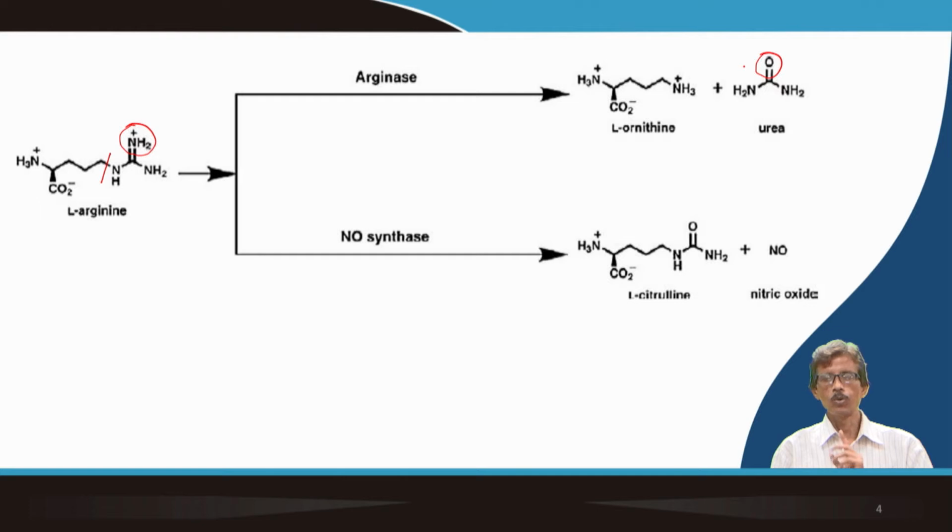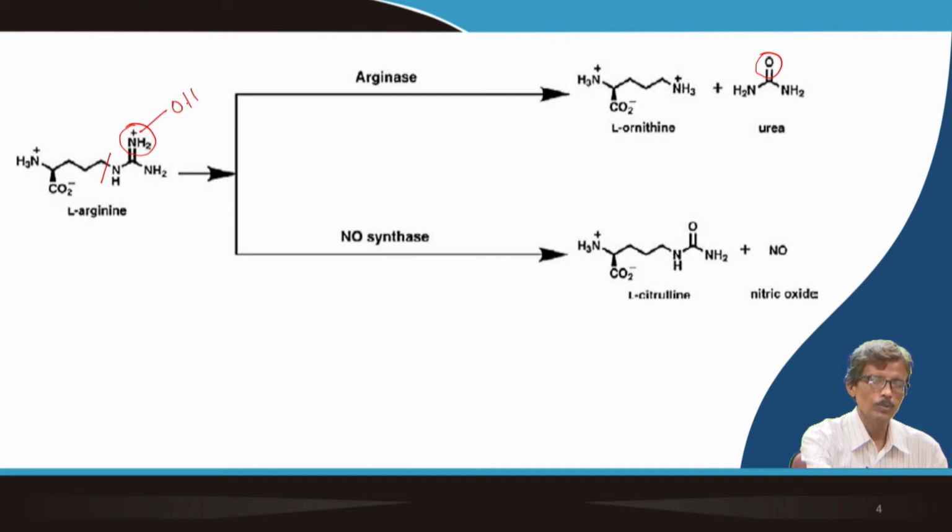Now, the same substrate can also be degraded in a different manner, which produces nitric oxide. So, instead of cutting it in terms of urea production, if you go for nitric oxide production, you see the N as well as the corresponding one, if you can have some OH function over there, and if you are able to cut it from there, that means this entire group NH2OH.